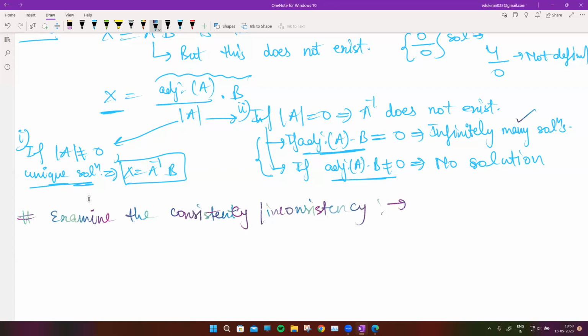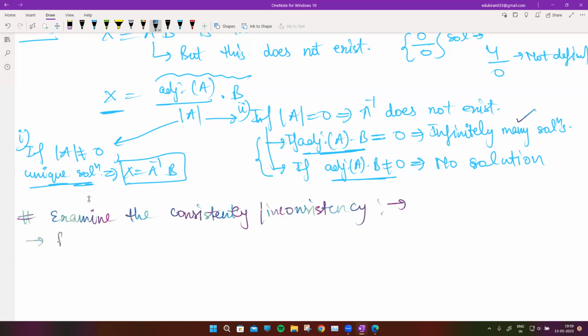So whenever we get a solution, either one solution or infinitely many solutions, the system is said to be consistent. And whenever I do not have a solution for the given system, then I will say that this system is inconsistent, right? So to know whether a given system is consistent or inconsistent, we don't need to solve the whole system. We can identify this using some simple steps.